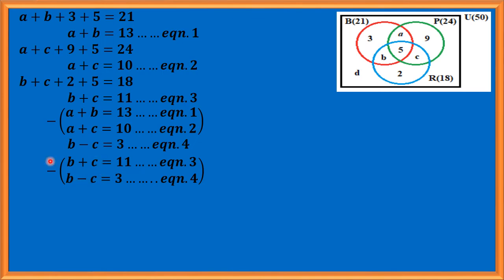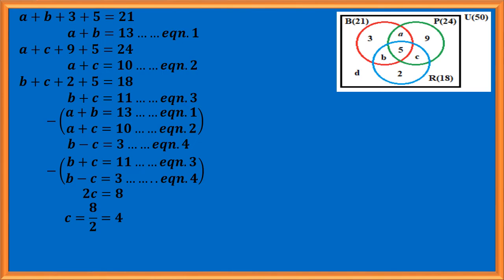Then we'll have C minus minus C, and the negative becomes positive, so we'll now have C plus C, which gives us 2C, and that will be equal to 11 minus 3, that gives us 8. To find C, we divide through by 2, and that gives us C equal to 4.